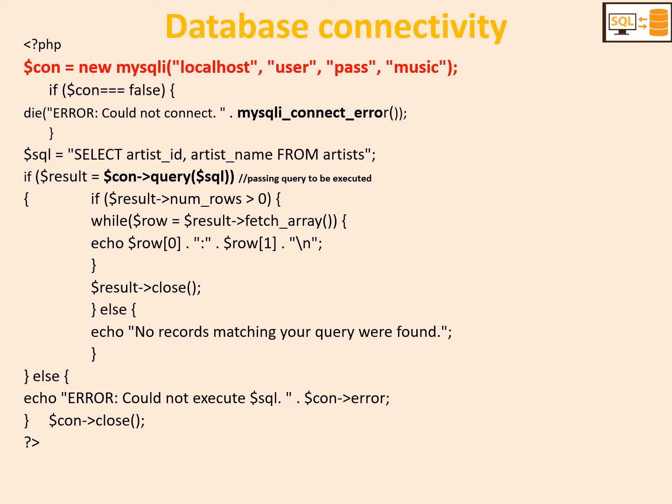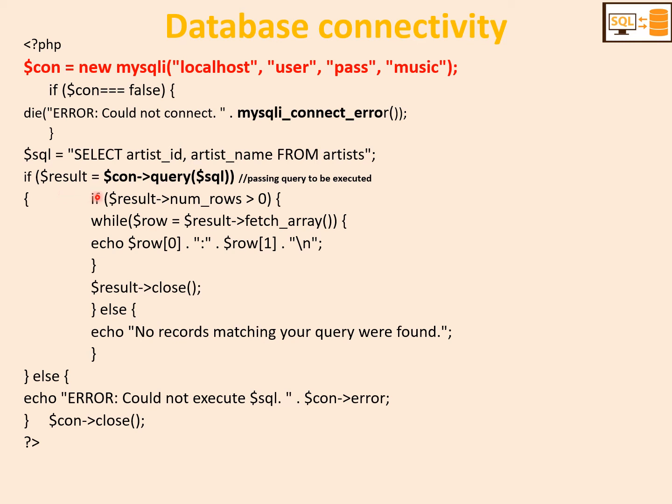$sql is equal to select artist ID, artist name from artist. So this is the query we are going to execute: we have to select the artist ID as well as the artist name from the artist table. This SQL query is stored in a variable called sql. Then we have another checking condition.